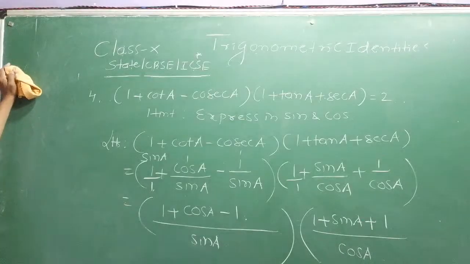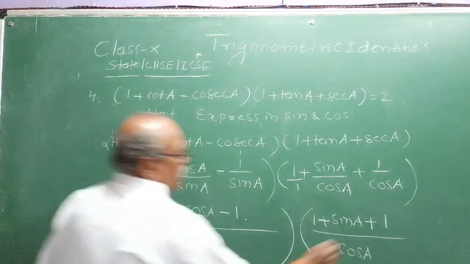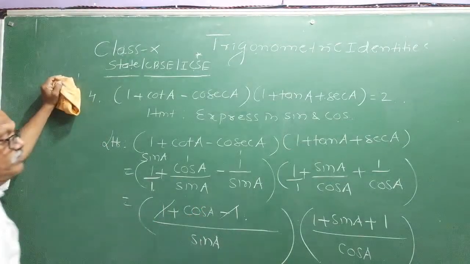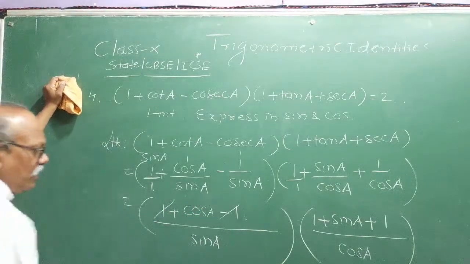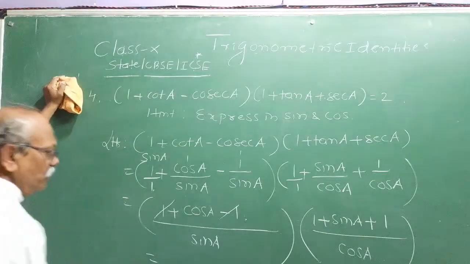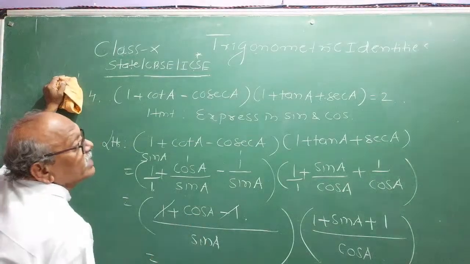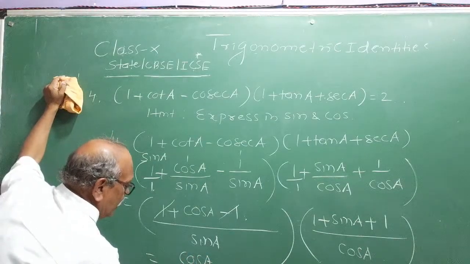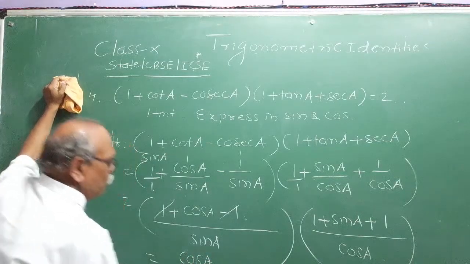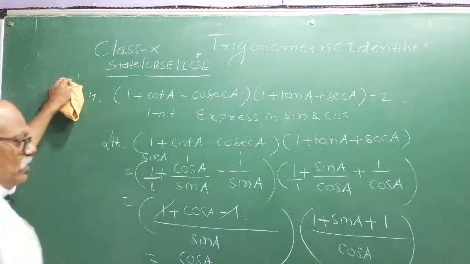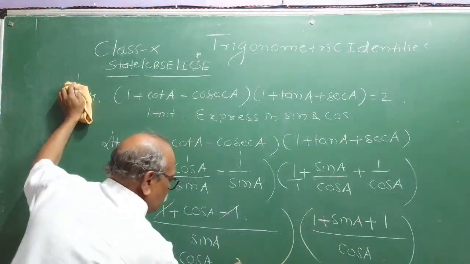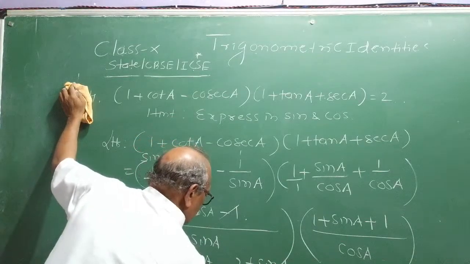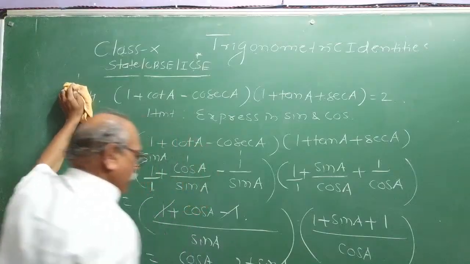Observe. You can cancel plus 1 minus 1. Okay. What do you get here? You get here cos A upon sin A into 1 plus 1 becomes 2 plus sin A upon cos A. Right?